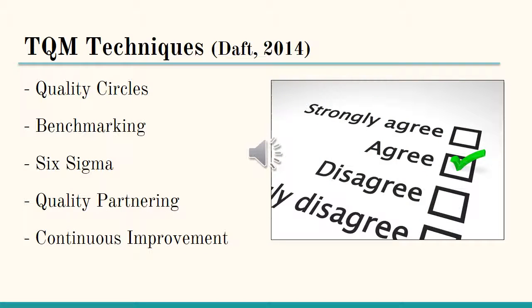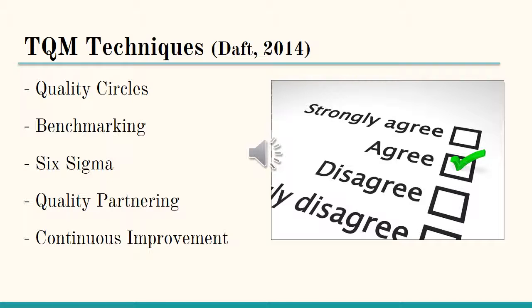So let's talk a little bit more about the TQM techniques. Quality circles is basically just a group of people within the organization that meet on a regular basis. And what they do is they try to solve problems that the organization may be facing. Now, benchmarking is a process in which an organization will test its products and services against those of the competitors, basically to see how they hold up.